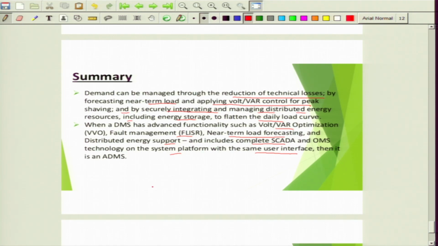So, there are multiple functionalities, and it is up to a distribution system to consider specific features of ADMS. So, ADMS comes with multiple portfolios. As we have discussed, Tata Power DDL considered only FLISR and volt-VAR optimization basically.